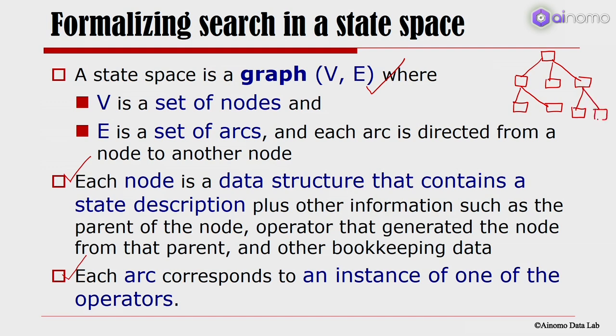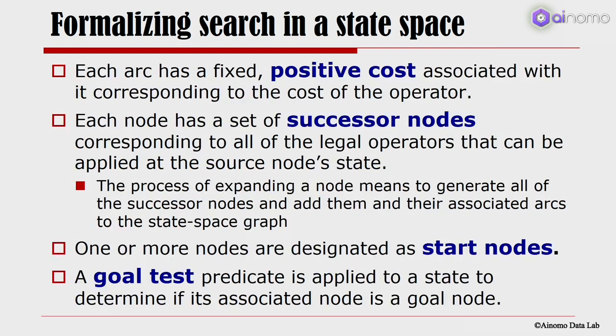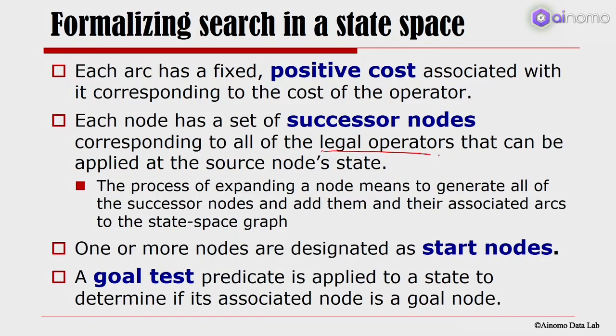So finally we end up having such a directed graph, and searching in this directed graph for a path that brings me from S to G is what I mean by getting to the solution. Each arc in such a directed graph has a fixed positive cost associated with it, corresponding to the cost of the operator, and each node has a set of successor nodes corresponding to all of the legal operators that can be applied to the source node state.